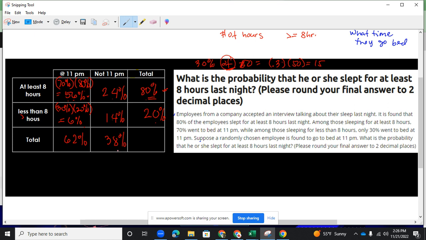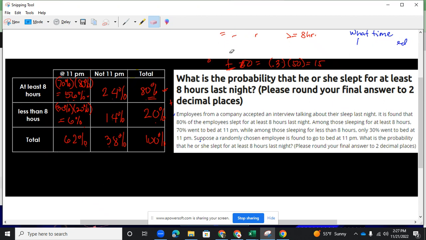So that means 38% of all the people who have been interviewed slept not at 11, either before or after 11. Okay. All right, so you can double check it by adding these two. You should get 100%, because this is in percentage, which it is. Okay, so we're good now. We're good with the table.